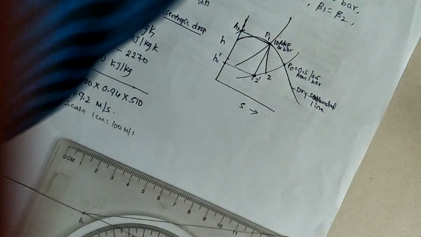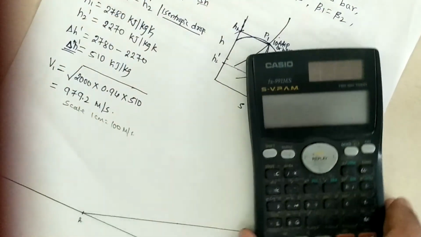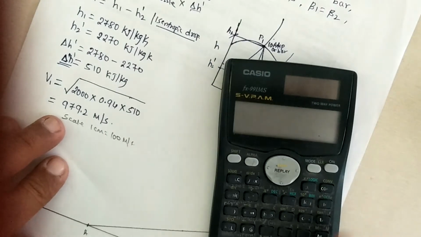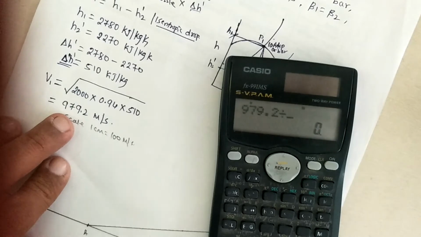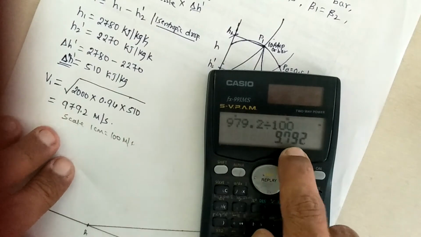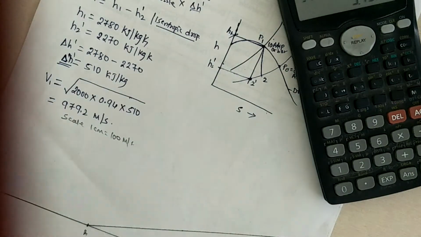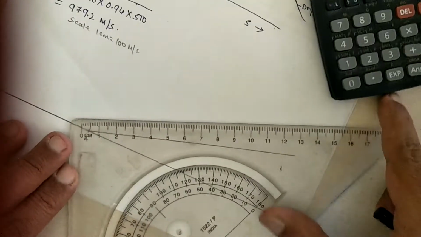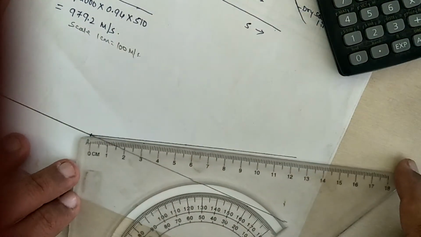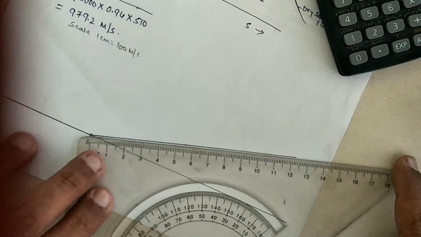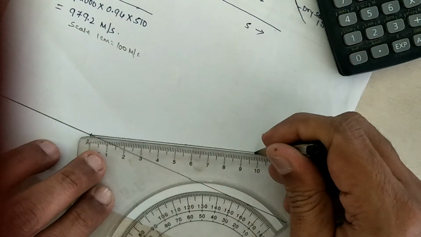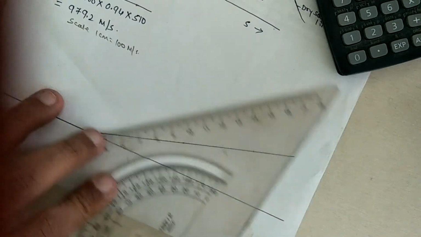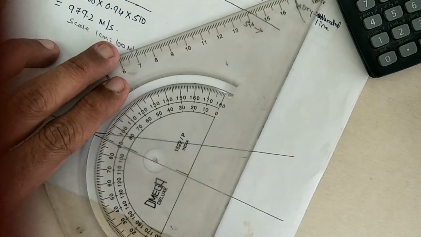If I divide 979.2 by 100, where 100 is the scale, I get 9.792 centimeters. So I am going to locate 9.792 on the velocity triangle for V1, or I will go with 9.8. From there you have to draw a vertical line downward.